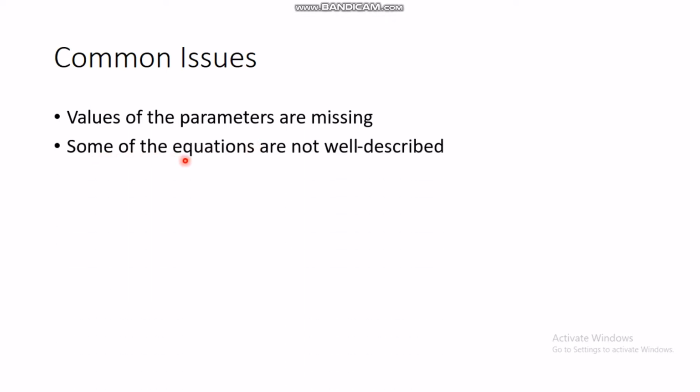Sometimes the equations are not well described, so you struggle in understanding those equations. Sometimes there is an error in equations, and if you are not familiar with the field or the topic, then you cannot determine whether there is an error in the equation or not.